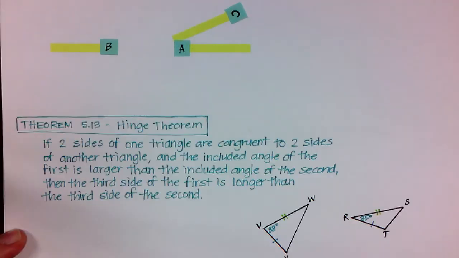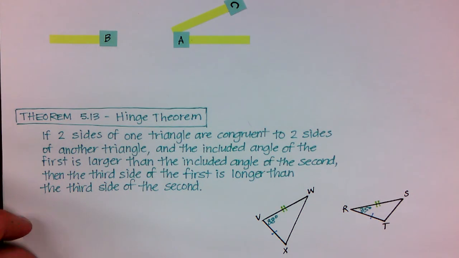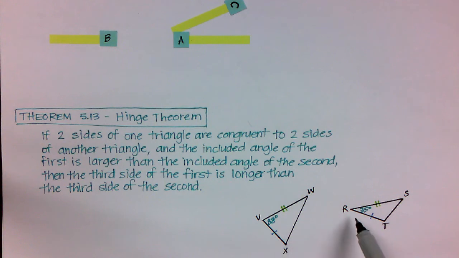So let me show you our first theorem for today. It's called the hinge theorem. It's theorem 5.13, and it says if two sides of one triangle are congruent to two sides of another triangle. So in my two diagrams, or my two triangles, I have this one side with the blue marking is congruent to the other side, and same with the one with the two green markings is congruent to the other side. So I have that.